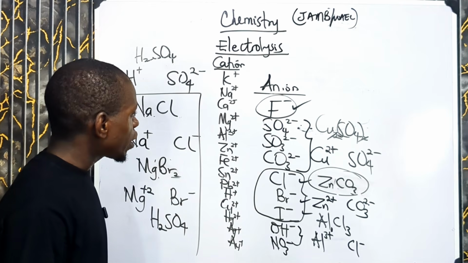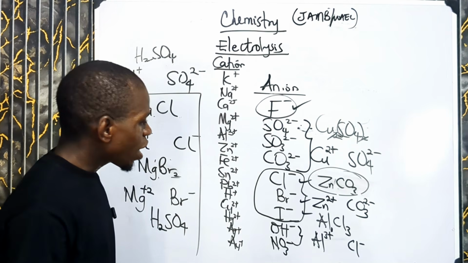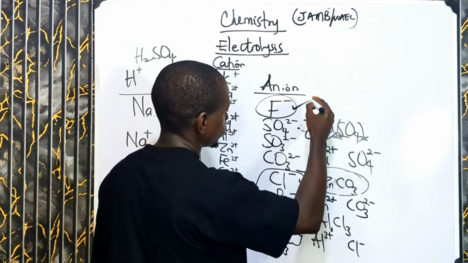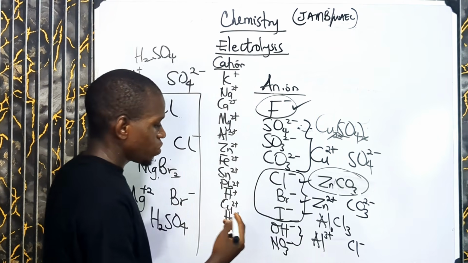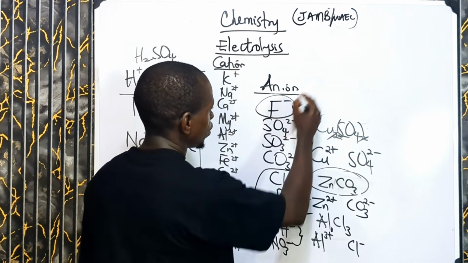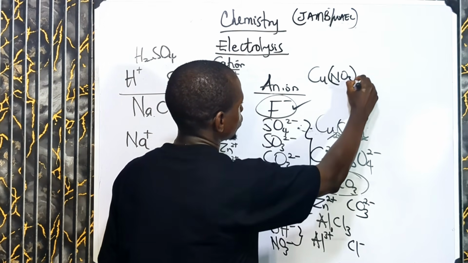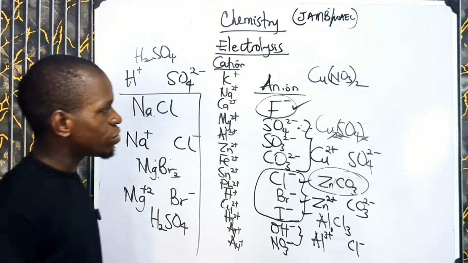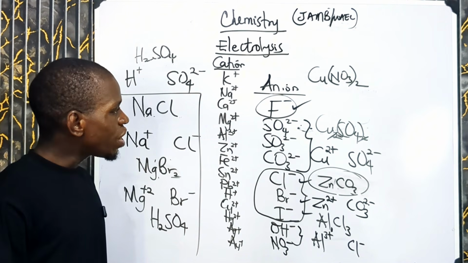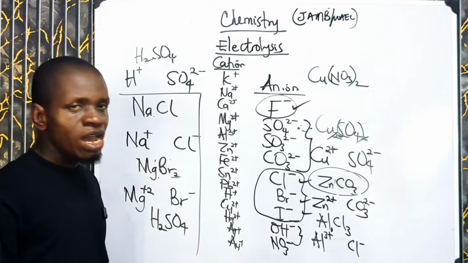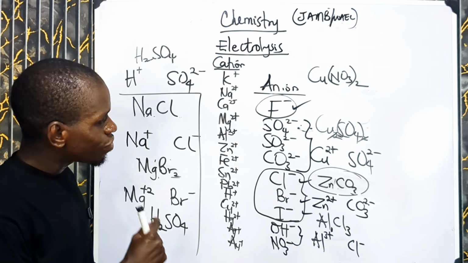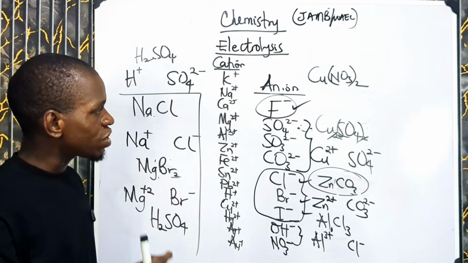So now let me give you another example. Assuming I have something like, what else should I give you now? Okay, let's say I have something like Cu(NO3) all in brackets 2. Nice. This is a very good example. I look at this compound and I want to break it into its ions.